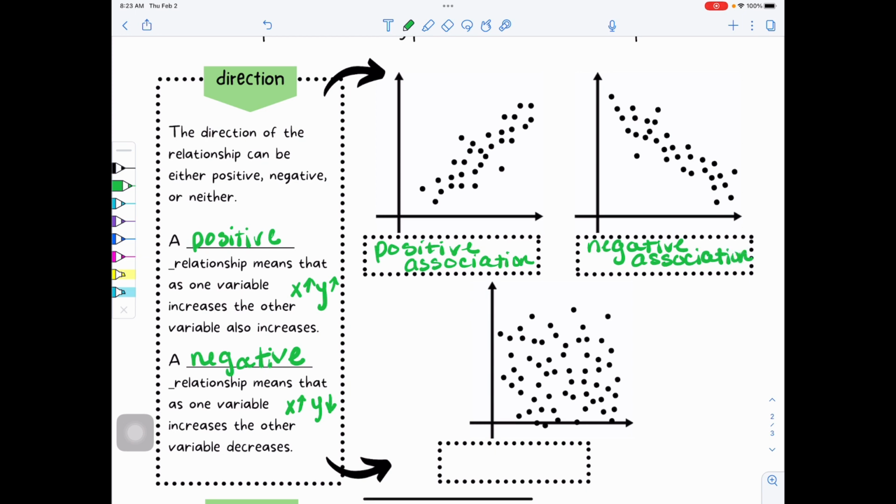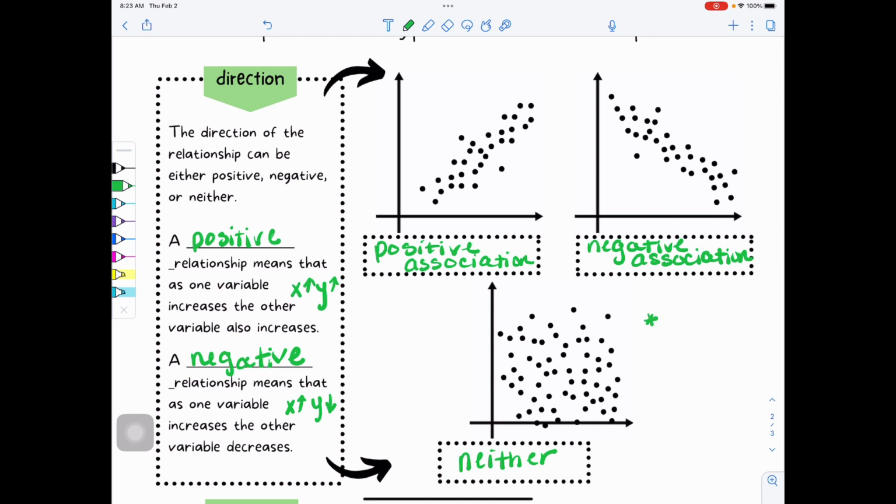And then lastly, you can actually have it where it's neither. If you look at that bottom scatter plot in this group of three, the points are so completely scattered that I cannot find an overall direction of positive or negative. In addition to this, I want to add a little note on the side.